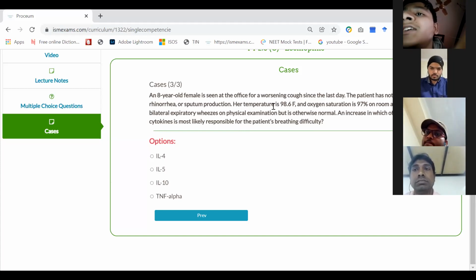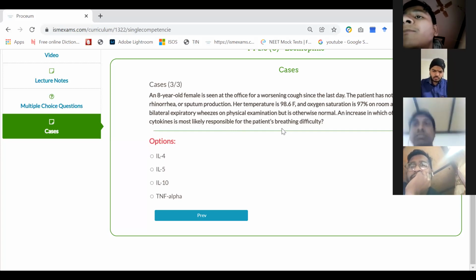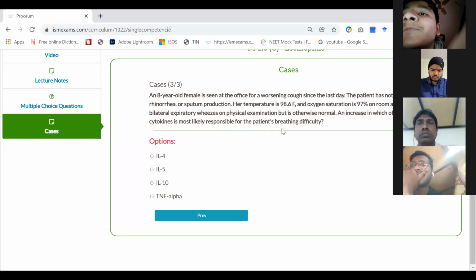Her temperature is 98.6 Fahrenheit and oxygen saturation is 97 on room air. She has bilateral expiratory wheeze on physical examination, but is otherwise normal. An increase in which of the following cytokines is most likely responsible for the patient's breathing difficulty?